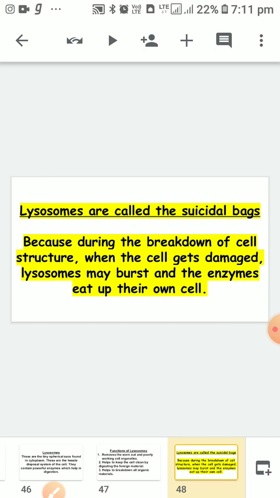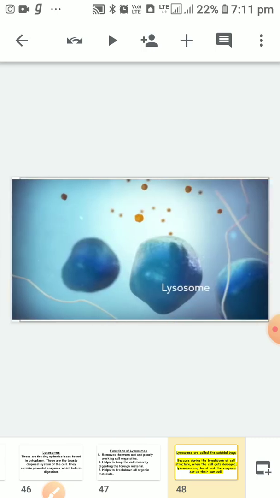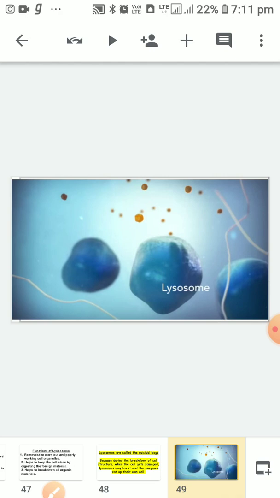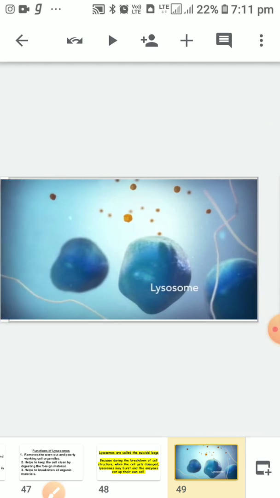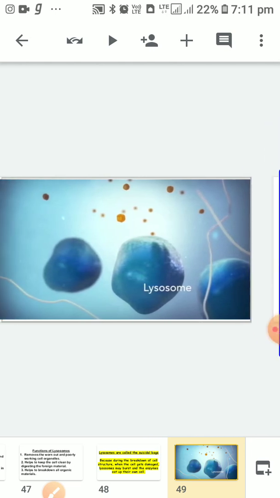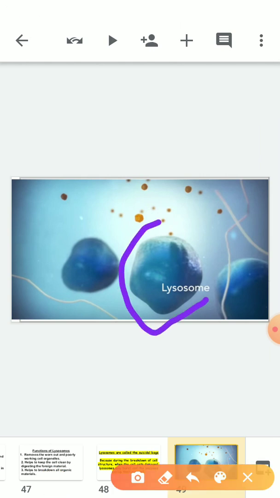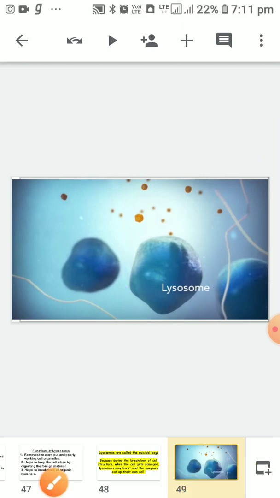That's why it is known as the suicidal bag. You can see here, this is the picture of lysosome. In cell, lysosomes look like this. It looks like this. This is lysosomes actually.